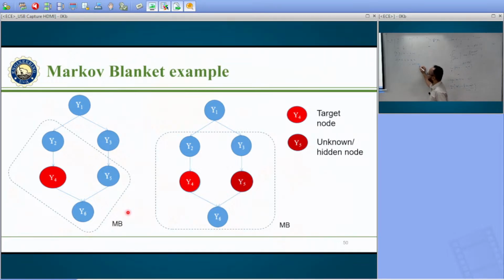Then you go to Y5. Y5 is conditioned only on Y3 because it's directly depending on Y3 actually. Now if you go to Y3, Y3 is conditioned on Y1. Okay, and Y1 is independent. And then you have Y2 which is conditioned on Y1.